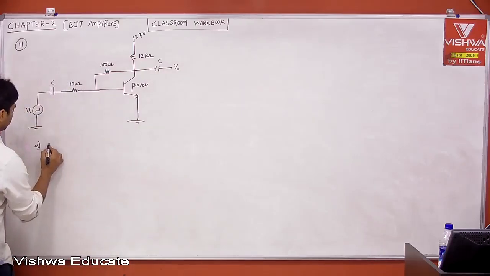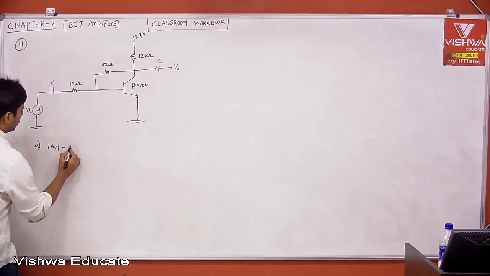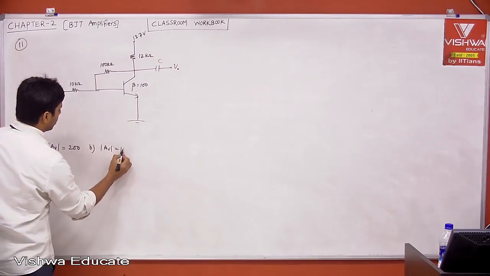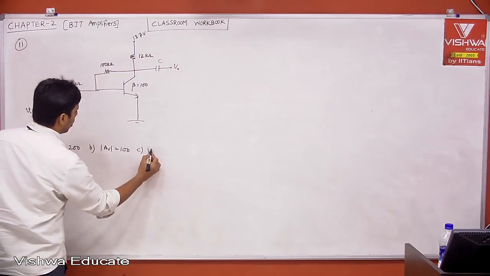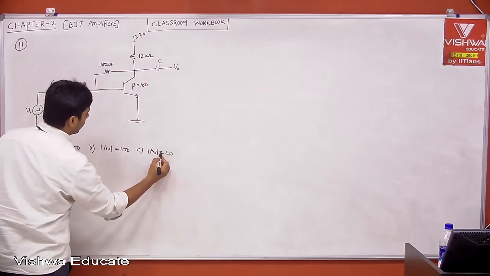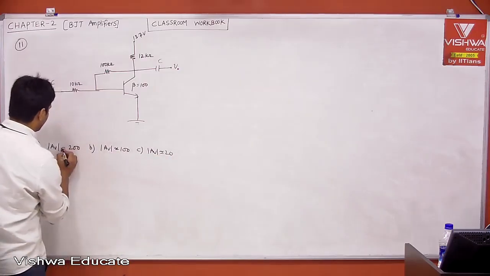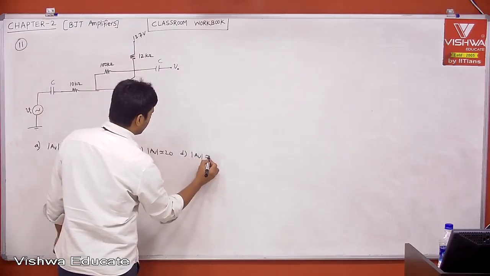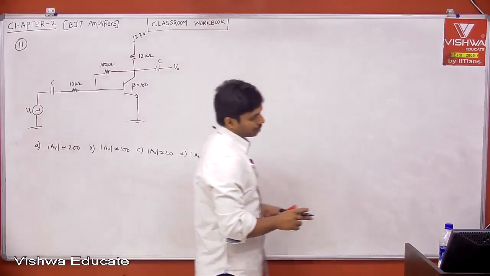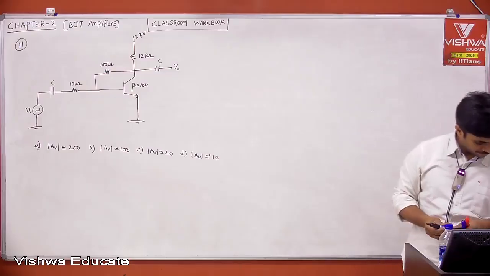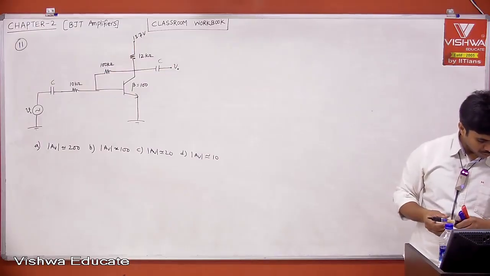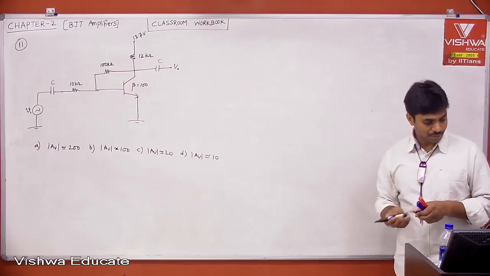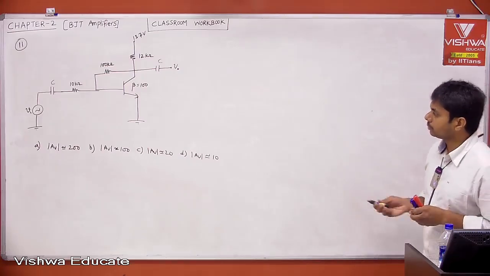Option A, mod AV is equal to 200. Option B, mod AV is equal to 100. Option C, mod AV is equal to 20 approximately. He has given approximately. Option D, mod AV is equal to approximately 10. Am I correct? 200, 100, 20, 10. This is GATE 2012 for 2 marks. Okay. This is what is given.